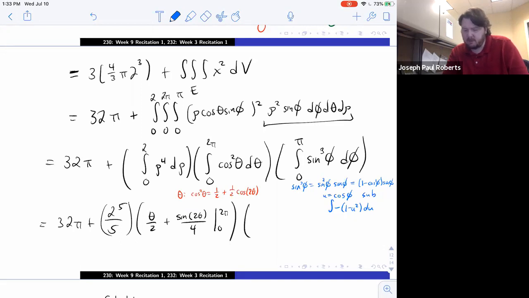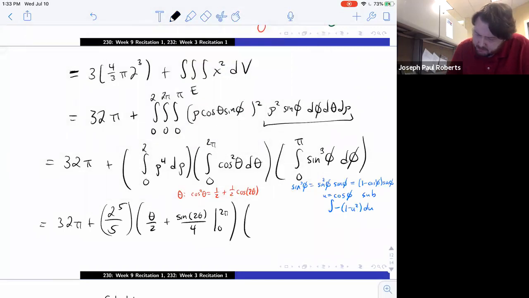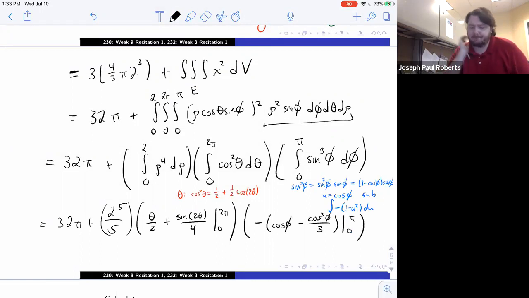And so if I go back, my antiderivative is minus, well, u minus u cubed over 3. Yeah, looks good.